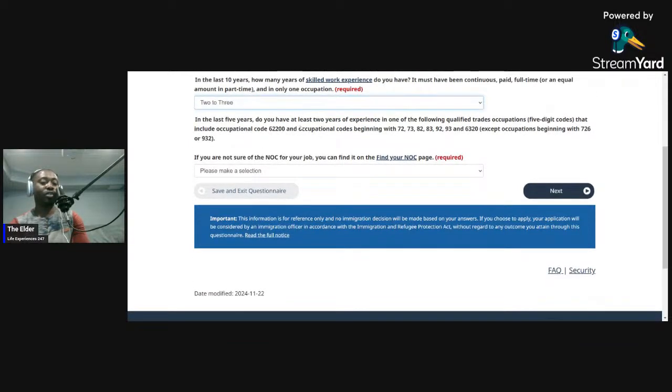In the last 5 years, do you have at least 2 years of experience in one of the following qualified trades occupations? As I said, trades is an important factor if you want to move to Canada. Yes, we have nursing and many others which are also within the 6 categories, which are very important.